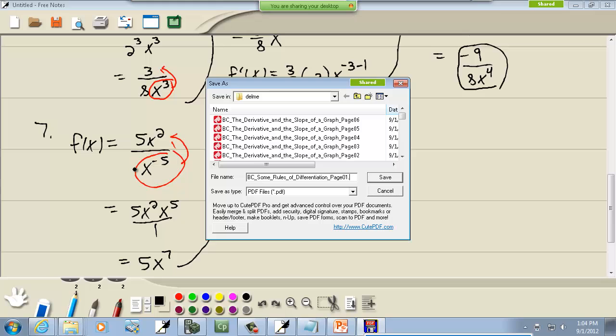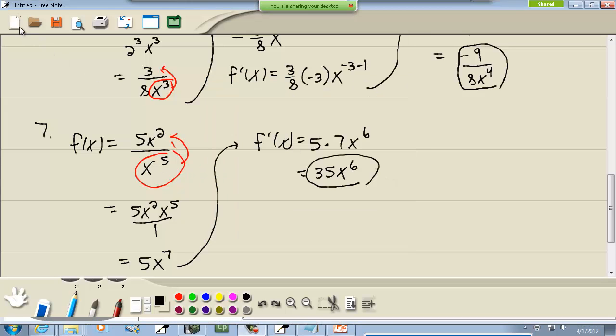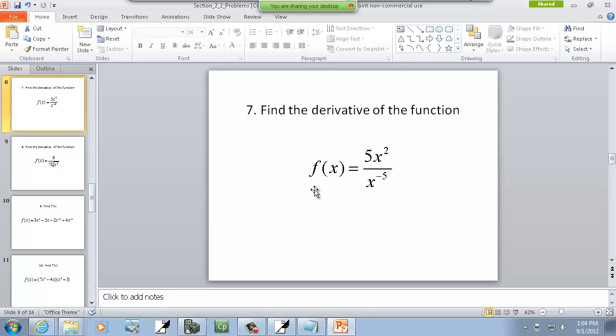And page 01. There we go. Okay, let's look at the next problem.